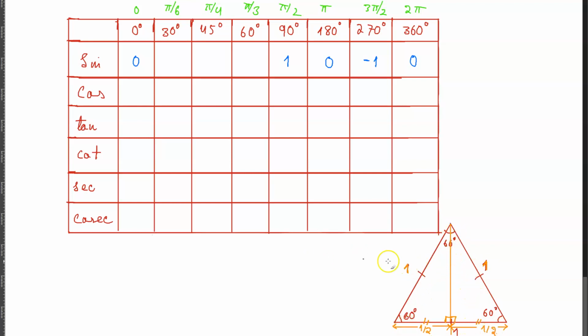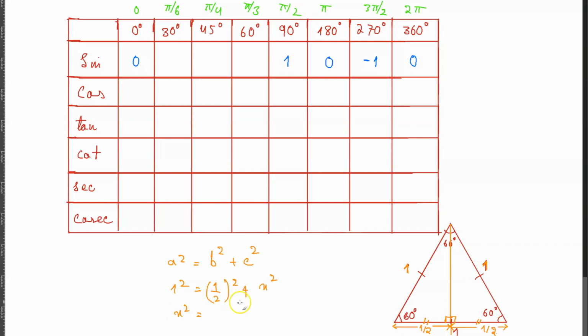Now since this is a right triangle, you know that in a right triangle, the hypotenuse squared is equal to the sum of the other two sides squared. So I can write 1 squared, this is the hypotenuse, is equal to 1/2 squared plus this side squared, I take it as x, so x squared.